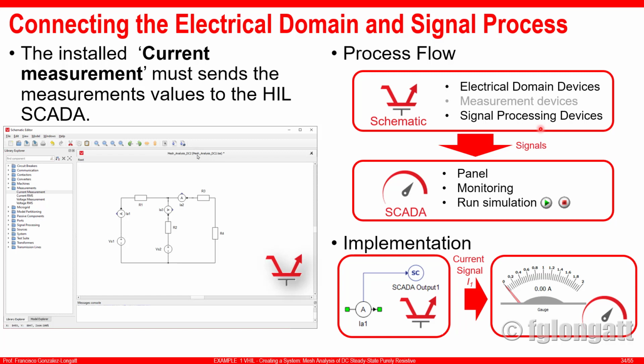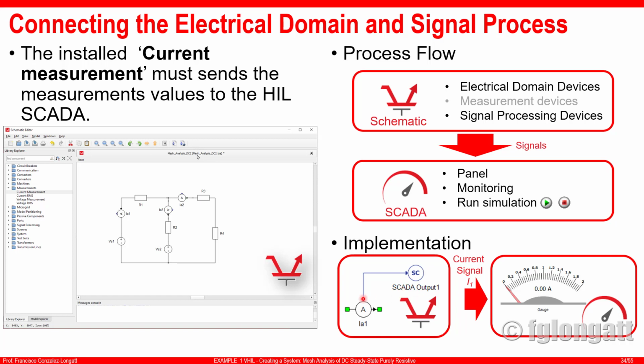And that is where one very important device is coming to help us. Inside the library, there is a component called SCADA output. The SCADA output is basically the component that allows taking the signal from here and sending it to the HIL SCADA.